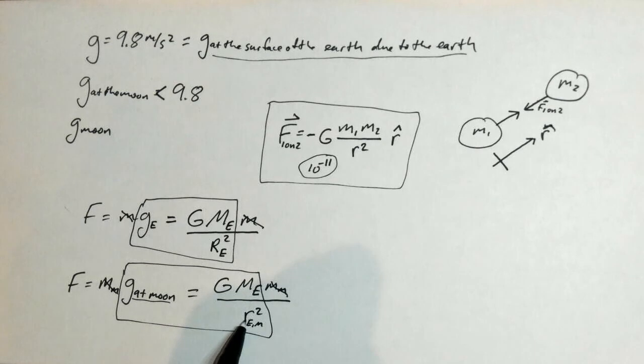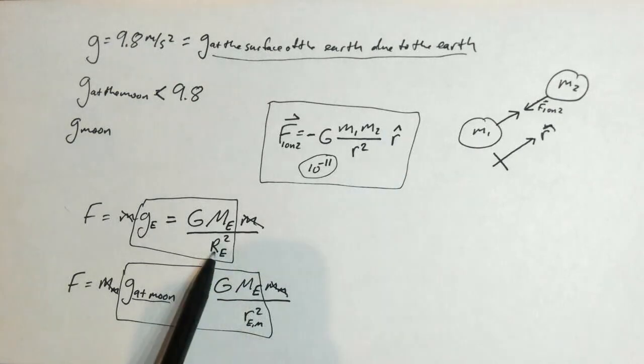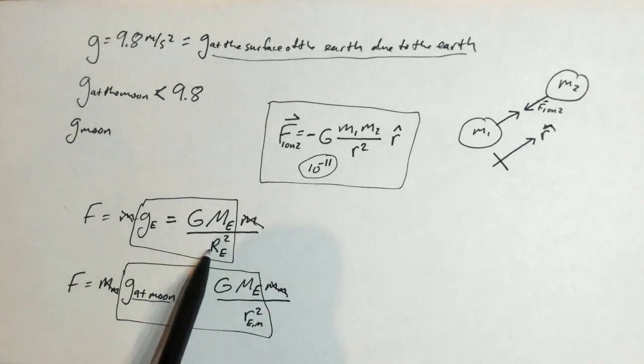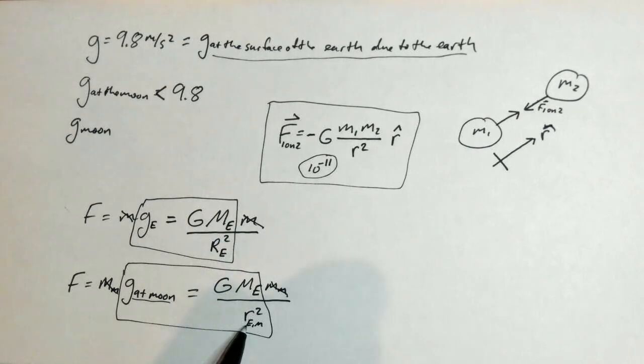And because this number is so much bigger than this number, this value here is so much smaller. The numerator is the same, but this becomes much smaller because the distance from the center of the Earth to the center of the moon is far bigger than the radius of the Earth, and we square it. But it's a value, and I could calculate it by looking up these known values.